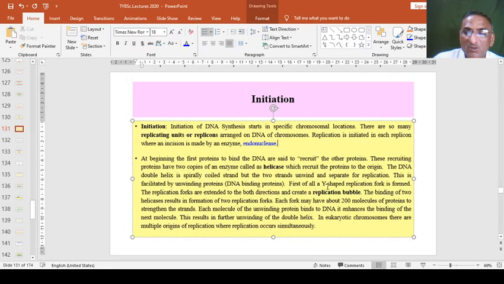First of all, a Y-shaped replication fork is formed, which we have already seen in the previous two diagrams.